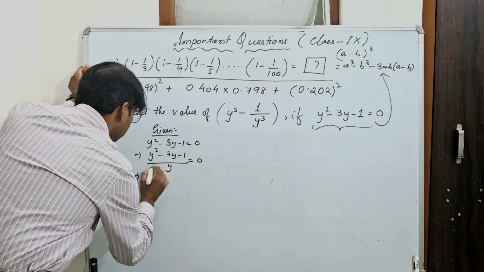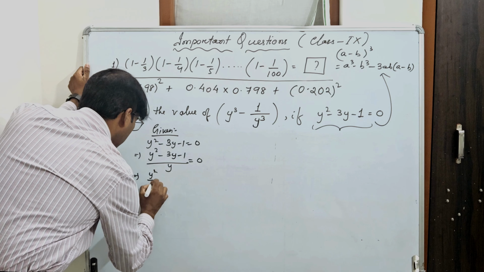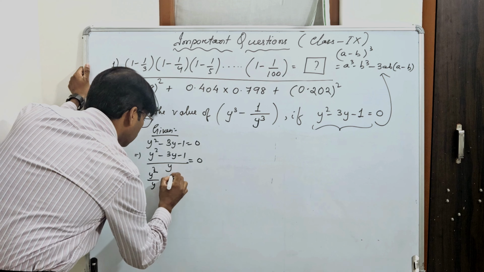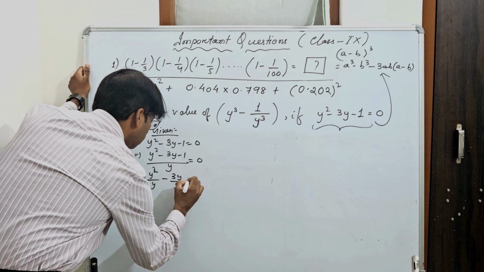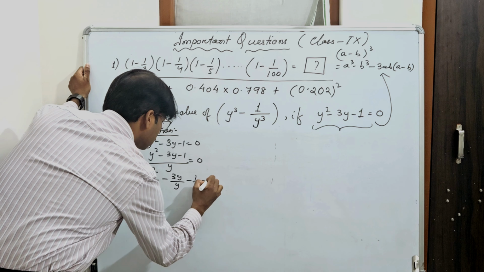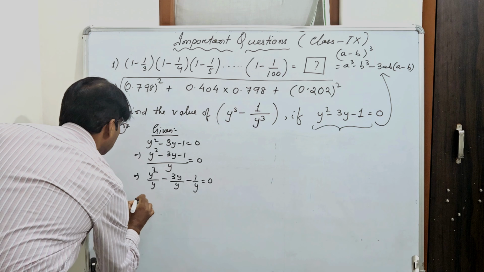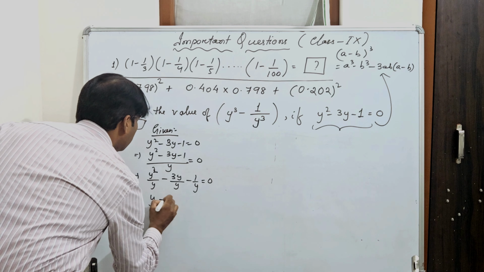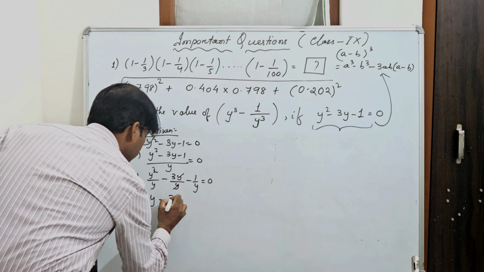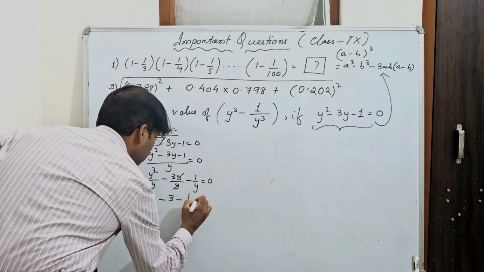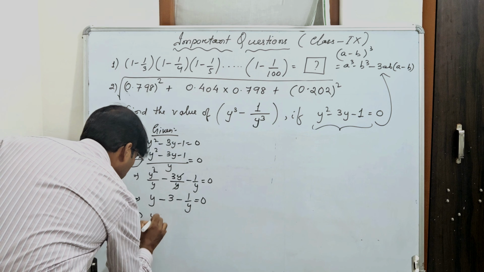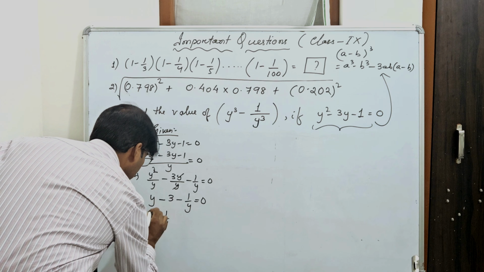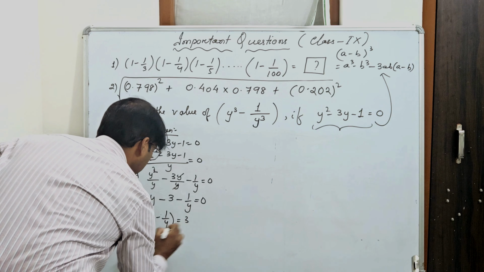So it is y²/y − 3y/y − 1/y = 0. This implies y − 3 − 1/y = 0. Then I got y − 1/y = 3.